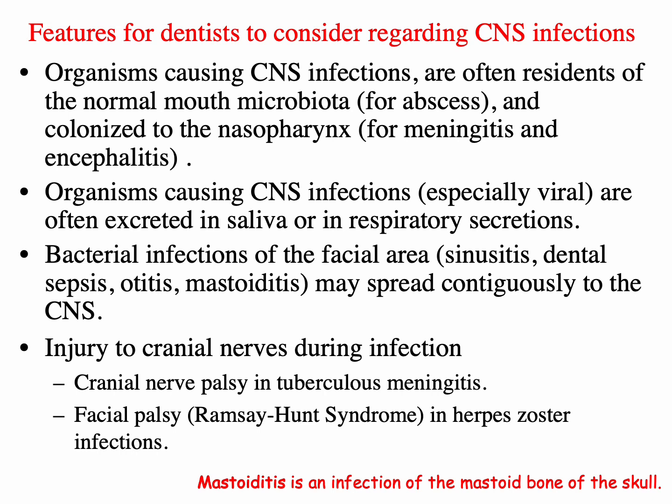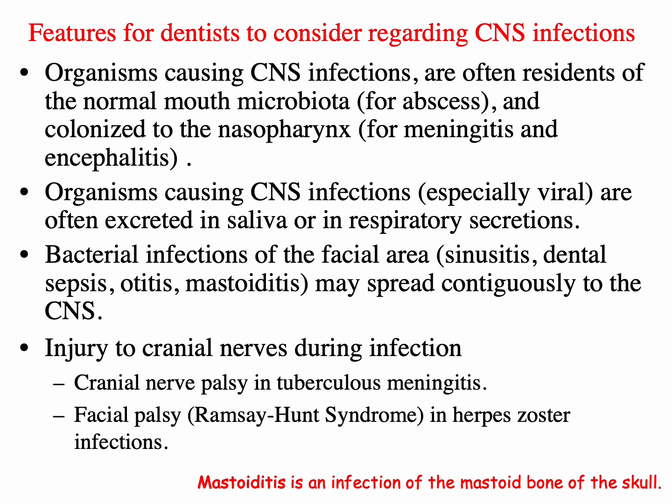Bacterial infection of the facial area may also spread contiguously to the central nervous system. So dental sepsis and mastoiditis create that opening of opportunity for organisms from the oral cavity to enter the central nervous system.